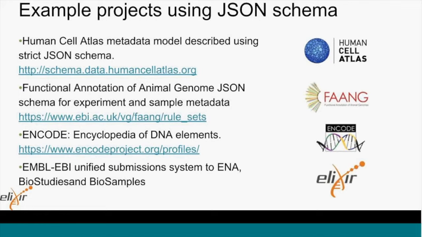ENCODE and other archives at EBI, such as the European Nucleotide Archive, BioStudies, and of course Biosamples, are also using JSON schema. So that was really a clear choice for us. Taking together the projects that are using it and the tooling support for JSON schema was really a critical factor in our case.